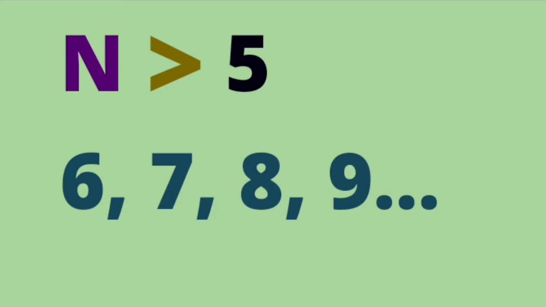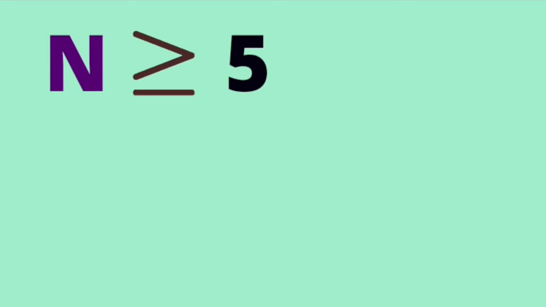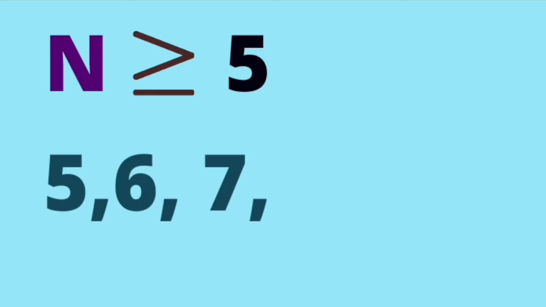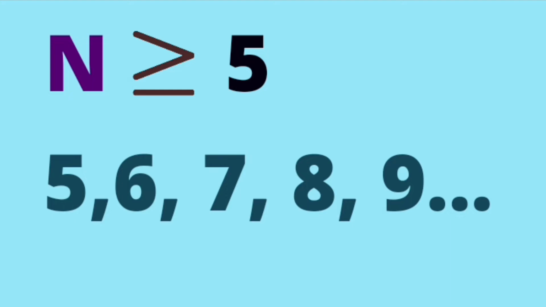We only have numbers that are greater than 5. But if we now say that the number of students is greater than or equal to 5, what we mean is that 5 is included in that number. So the numbers can be 5, 6, 7, 8, 9, and so on and so forth.